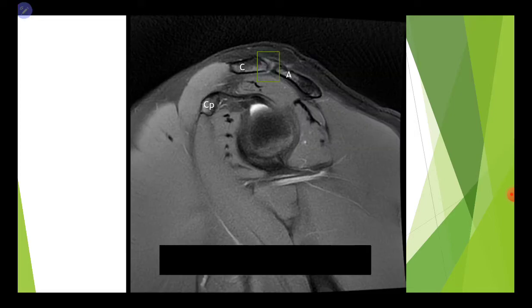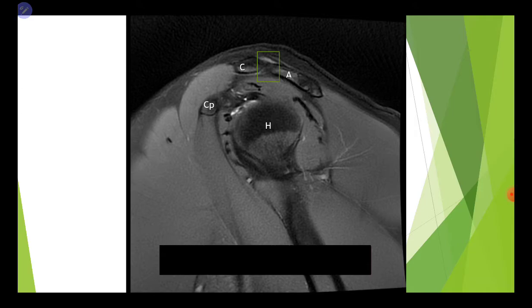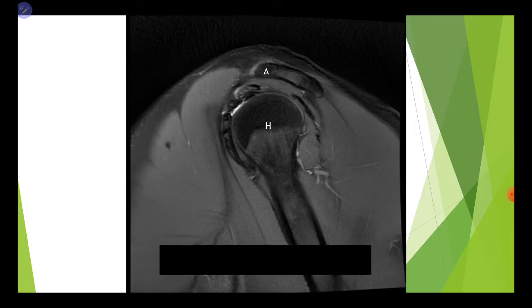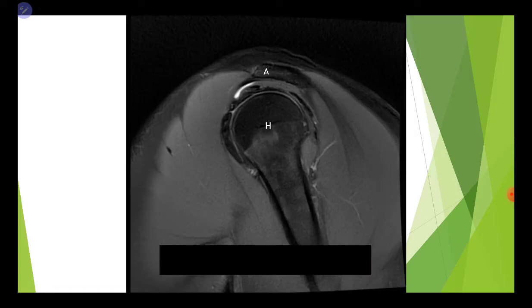And here we can see the coracoid process. So this is anterior and this is posterior. We can also see the head of humerus has started appearing. And this is the section where we are going to comment on the shape of acromion. Depending on the under surface, we classify the acromion types.